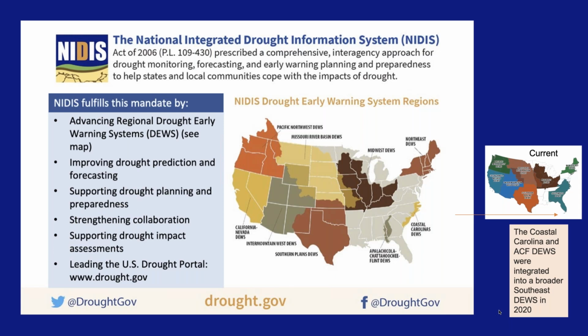Last year, the Coastal Carolinas DEWS was integrated into a broader Southeast DEWS as shown in the map on your right. In addition, we also coordinate and support efforts to improve drought prediction, forecasting, monitoring, and collaborating with existing programs and partners to undertake applied resource and drought planning and preparedness. I encourage attendees of this webinar to explore the newly updated U.S. Drought portal at drought.gov.